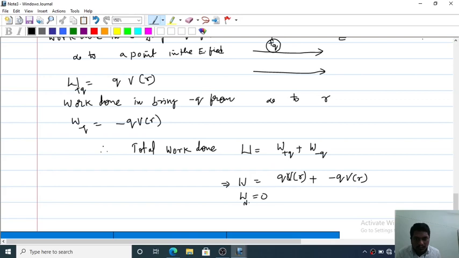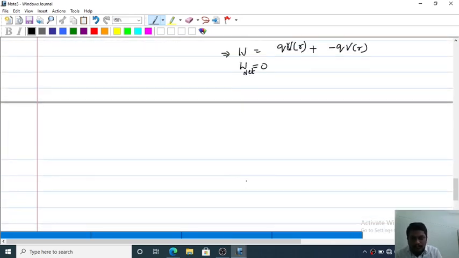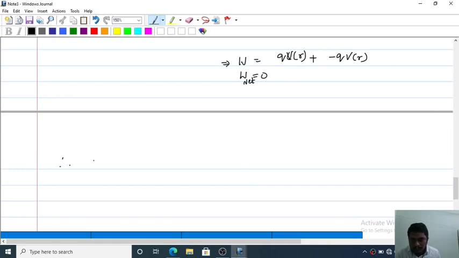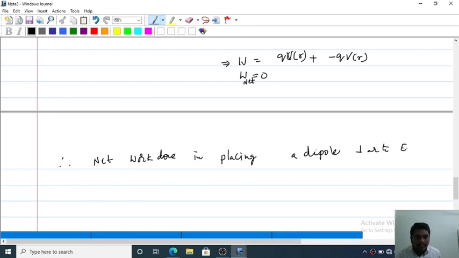Net work done in placing, or locating, a dipole perpendicular to the external field is 0.